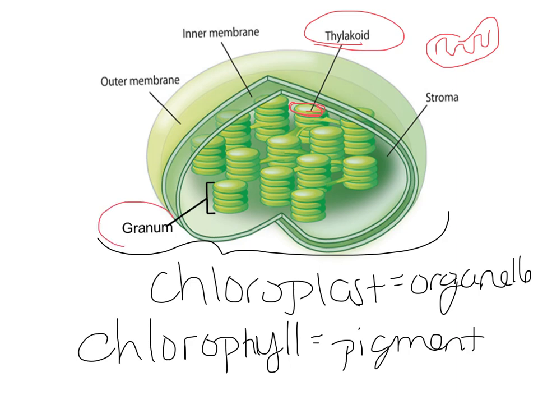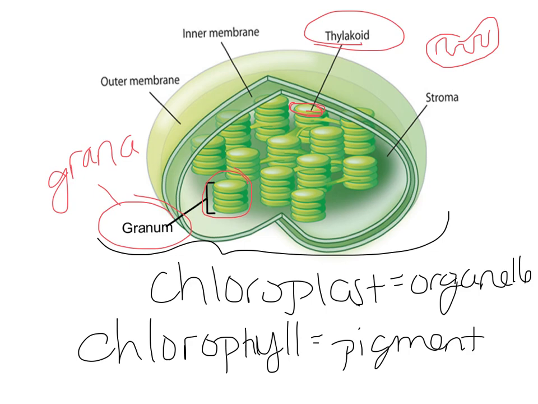A granum, the plural of that is grana, so a lot of times you'll see or hear grana, is one of these big stacks of thylakoids. So a granum is made up of multiple thylakoids, like a roll of coins, where each coin is a thylakoid, and the whole roll of coins is an example of a granum.